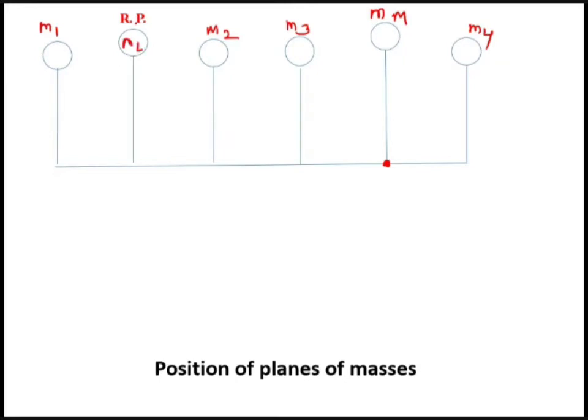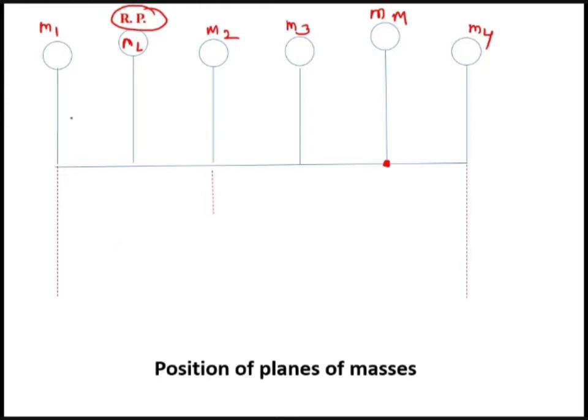Now, as I said, you have to assume some reference plane in this case. I will assume the plane in which mass ML is rotating as the reference plane. Now let us understand the distances.